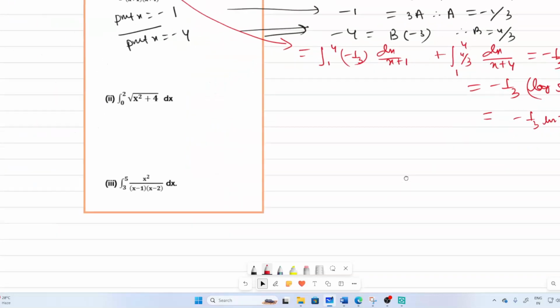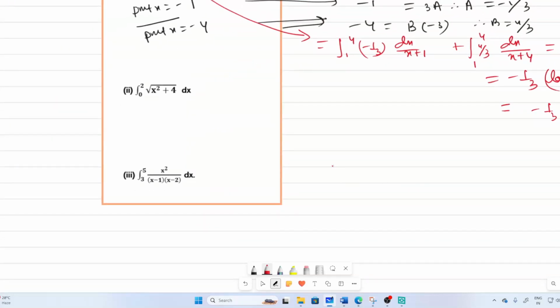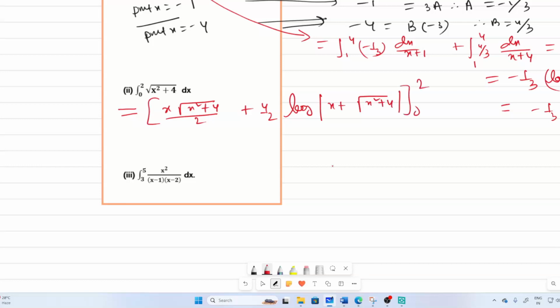Now let us go for the second sum. This is a direct application of a formula. You will remember the formula for the indefinite integral: x root over (x square plus 4) by 2, plus a square by 2 log of mod of (x plus root of x square plus 4), from 0 to 2. You put the upper limit first: 2 root 8 by 2, plus 2 log of (2 plus root 8), minus 2 log 2, because for x equal to 0, the x square term is also 0.